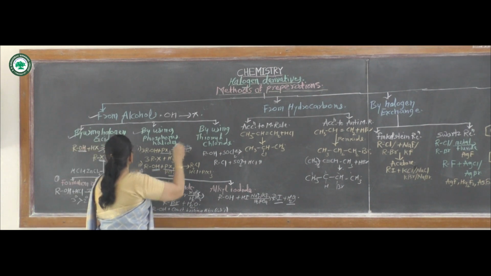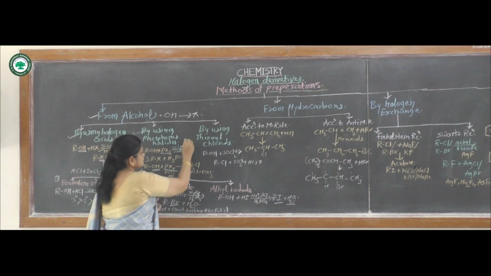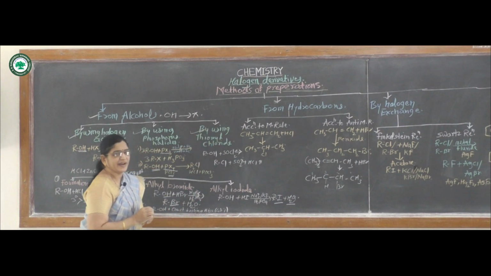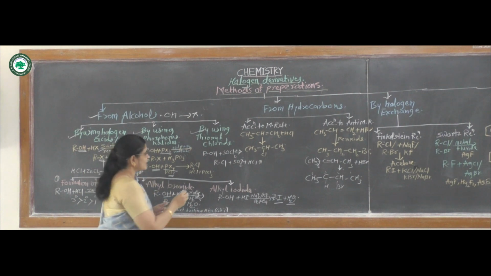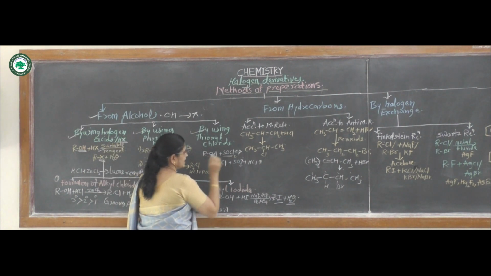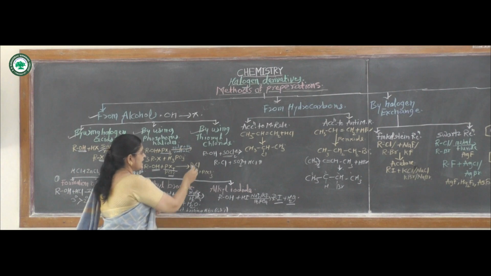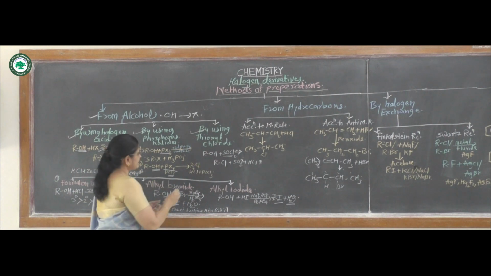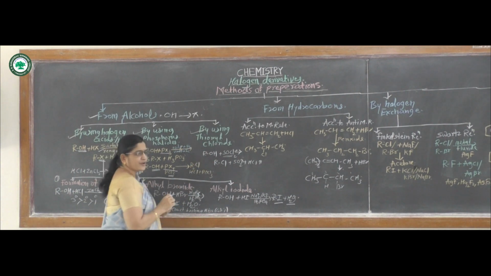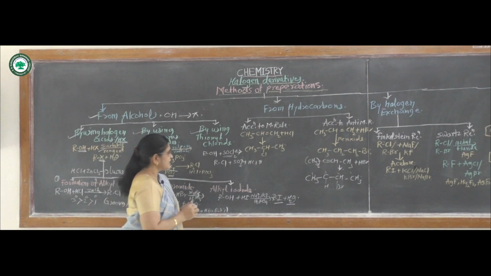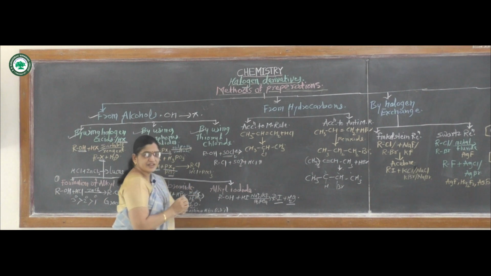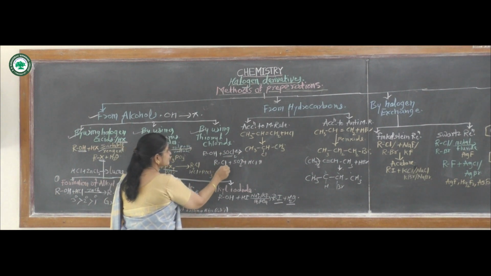Then the third method from alcohol is by using thionyl chloride. What is the formula of thionyl chloride? Thionyl chloride has the formula SOCl2. If alcohol, with the general representation ROH, reacts with thionyl chloride, SOCl2, on heating it gives alkyl chloride.